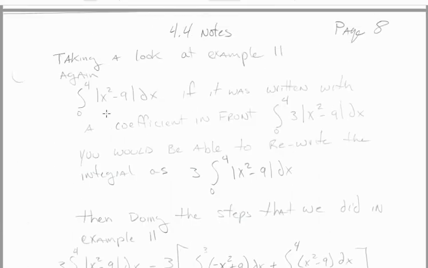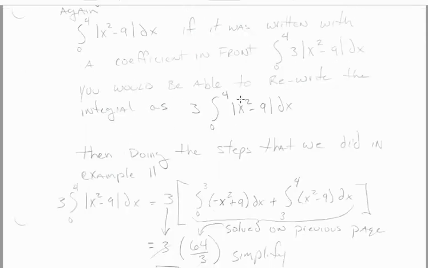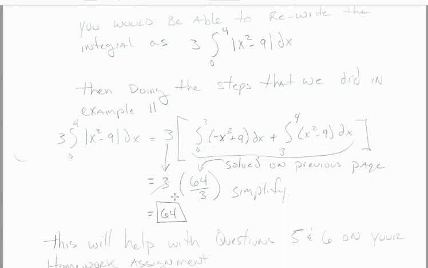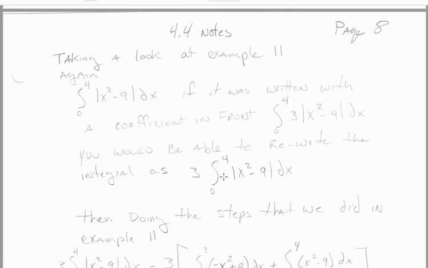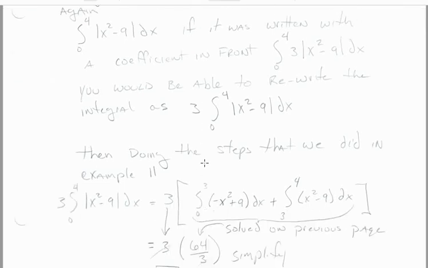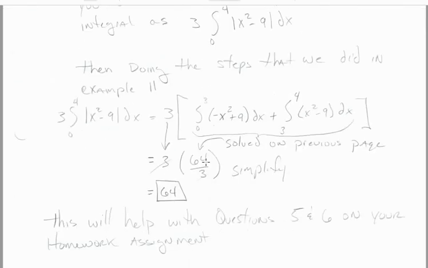So essentially figure out the absolute value piece, factor that coefficient out in front of the integral, do all of your integration, and then at the end multiply by that number. That's really going to be the difference between your homework problem and the example problem, having a coefficient in the front.